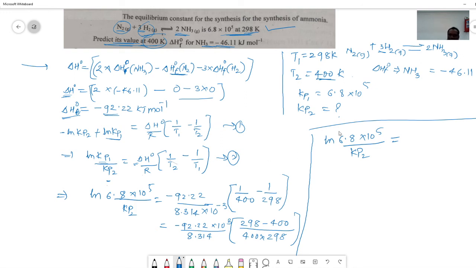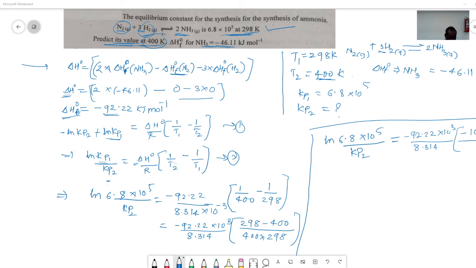That can be written as minus 92.22 into 10 raised to 3 divided by 8.314 into minus 102 divided by 400 multiplied by 298.